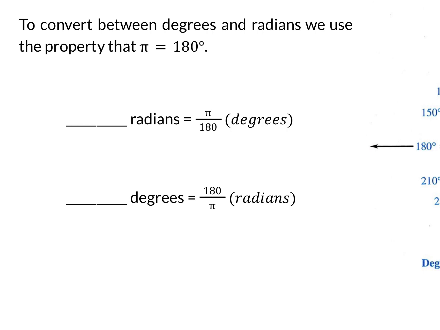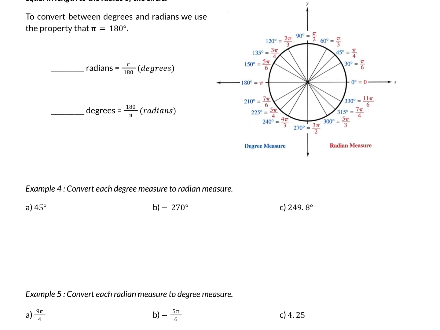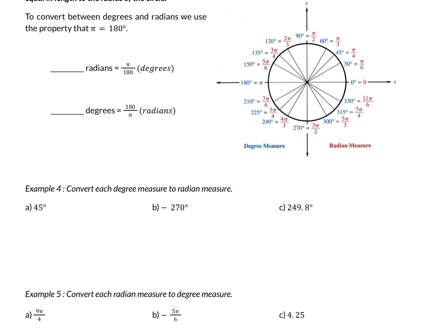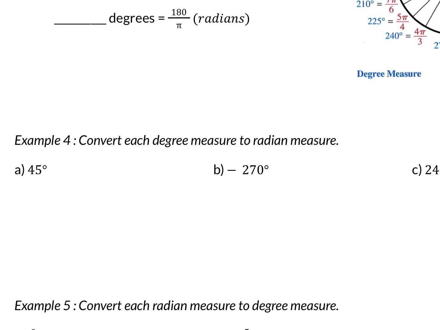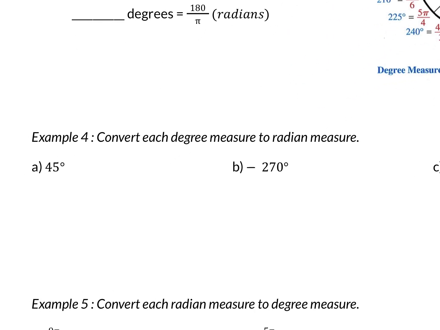So what does that look like in an actual example? We're going to convert each degree measure into a radian measure. So 45 degrees, we are going to multiply by pi over 180. Now, when we're changing from degrees to radians, very easy to remember: you always want pi in your answer at the top, so your pi should be on the top, okay?